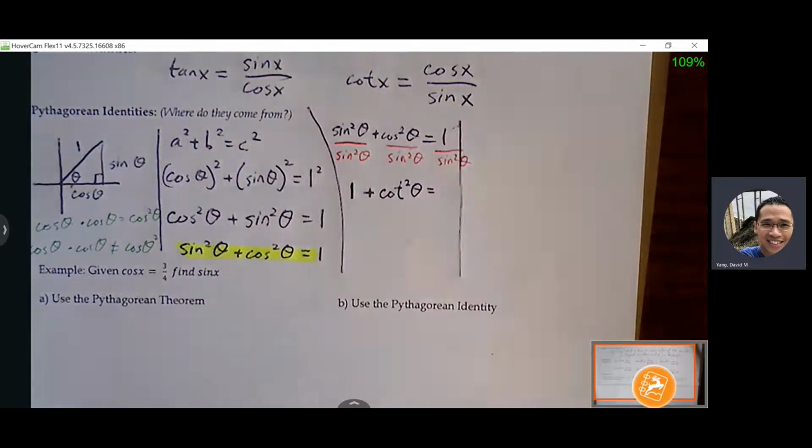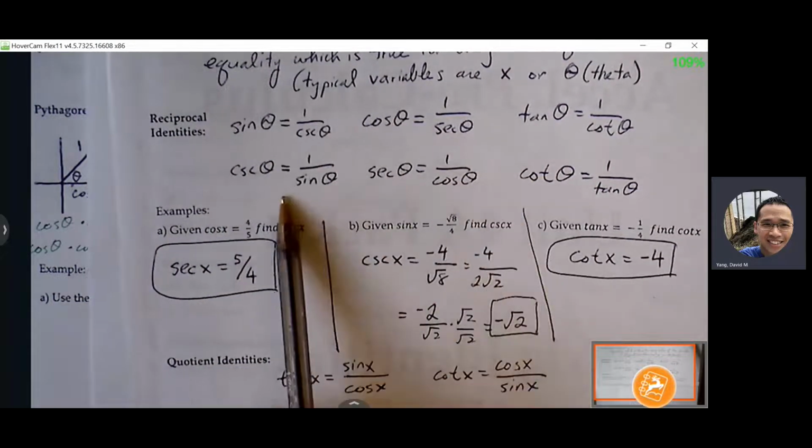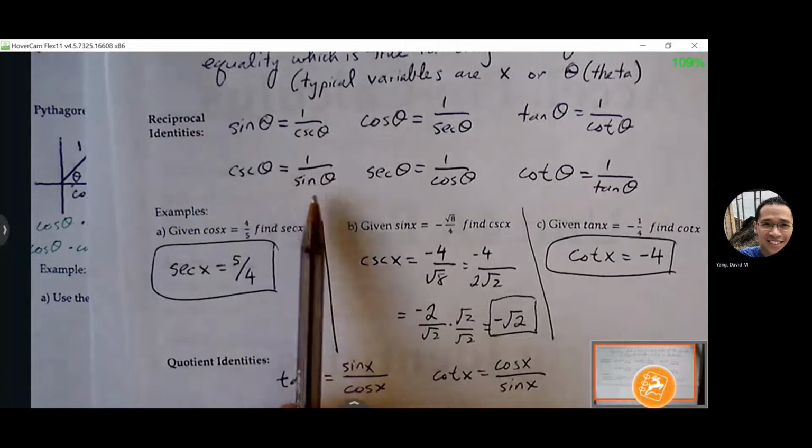Do you know, is there a trig function that's represented by 1 over sine squared? Yeah, cosecant, right? Because we know that 1 over sine is cosecant, right?